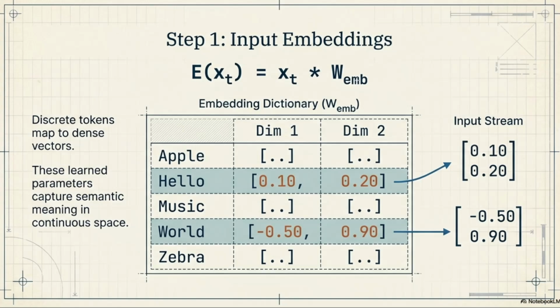We look up "hello" and retrieve the vector 0.1, 0.2. We look up "world" and get -0.5, 0.9. In a real model like the one in the paper published by Google, these would be 1000 dimensional vectors. But for this presentation, we'll stick to 2 dimensions so we can track the math easily.